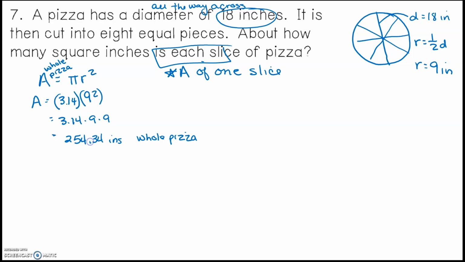So since we took that whole pizza and cut it into 8 pieces, I just need to divide this by 8 in order to get one slice. So 254.34 divided by 8 is just about 31.8 inches squared. Okay, so this is the area of one slice.